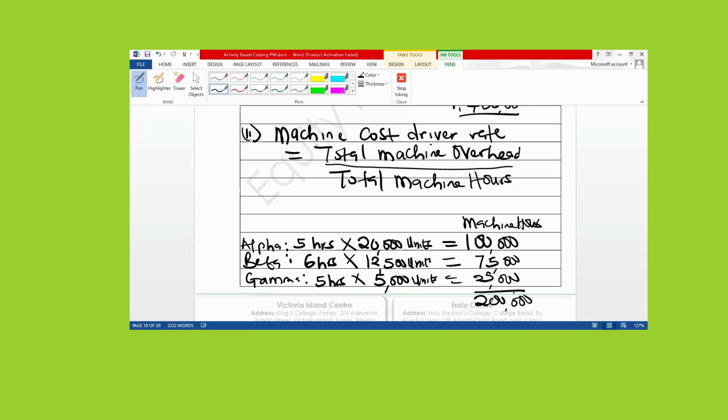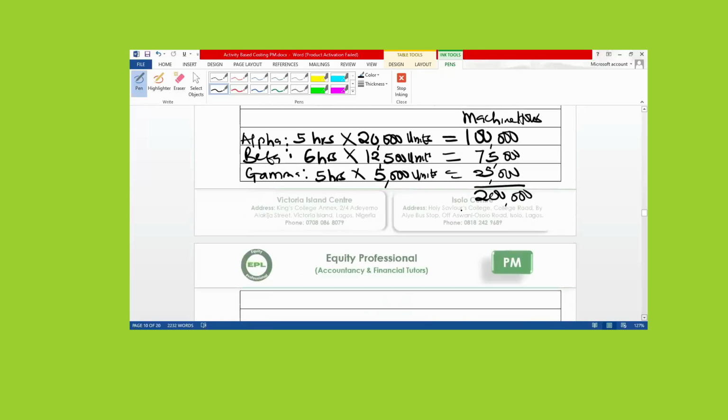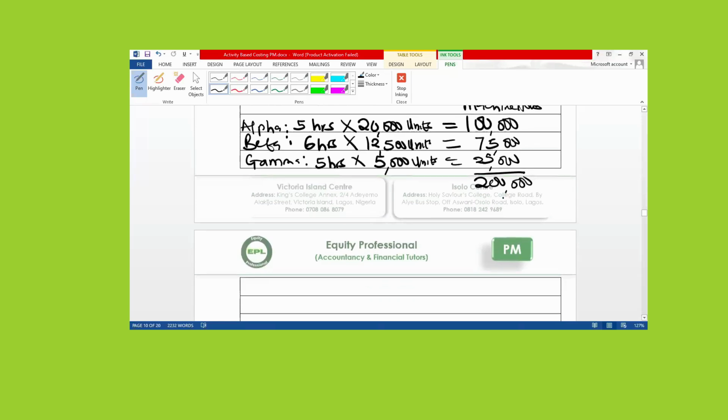You can now calculate the machine cost driver rate, which is equal to total overhead of machine, 9 million naira, divided by total machine hours, 200,000 hours of machine. Please divide.